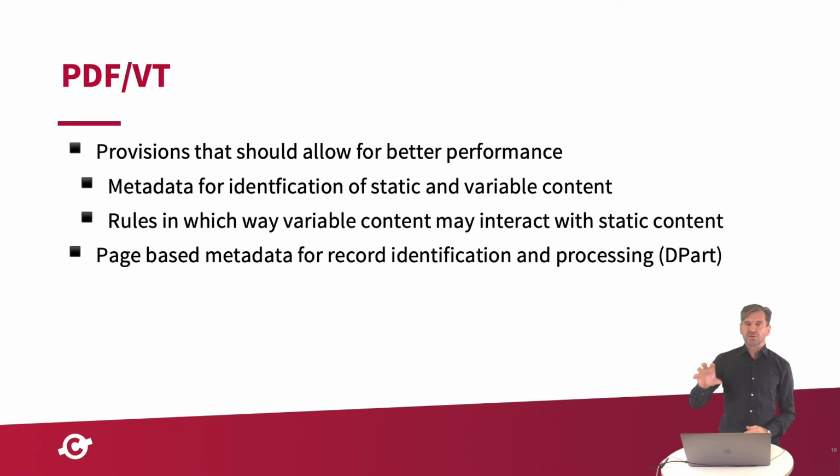The one part is provisions for better performance, and the other part is DPart metadata that is in PDF/VT, for instance, used to specify the zip code for an invoice, and then based on that DPart metadata structure, an output device could optimize the output by zip codes, which at least in Germany would allow you to get better tariffs at the mail organization, because then you're able to deliver sorted invoices to them, let's say for Berlin, for Bavaria, and whatsoever.